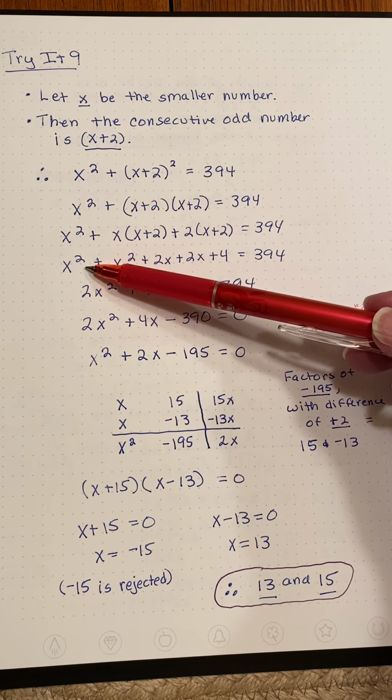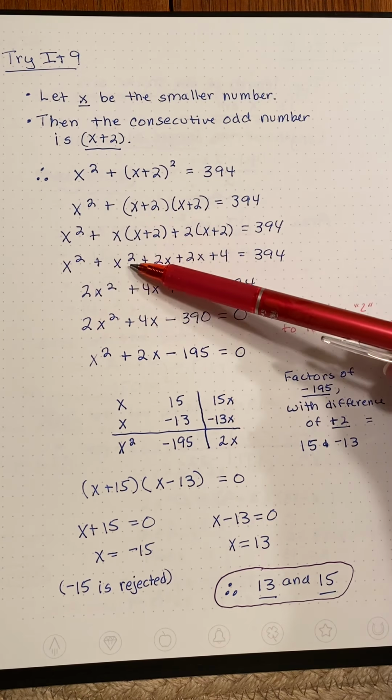X squared just stays there. When I do this, I have another X squared plus 2X plus 2X plus 4 equals 394. I do some combining. I combine my X squared, I have 2X squared. I combine my X's, which is 4X, plus 4 is 394.